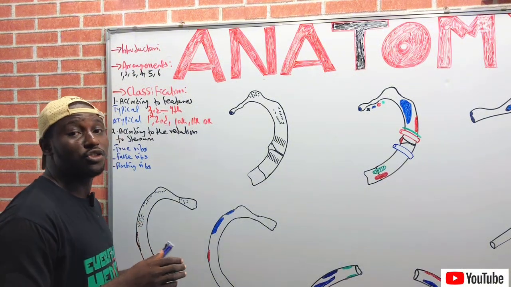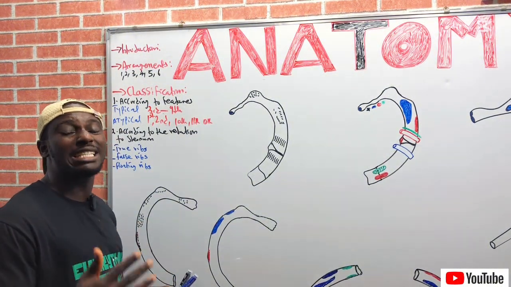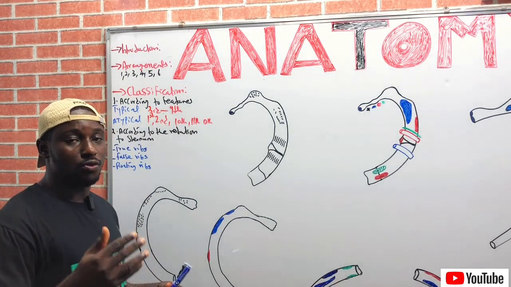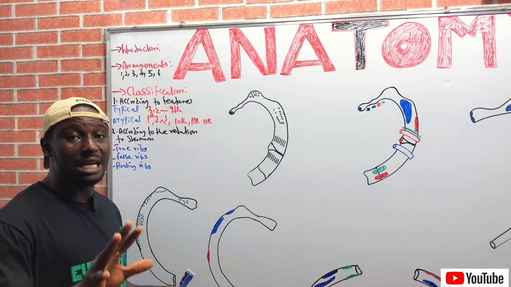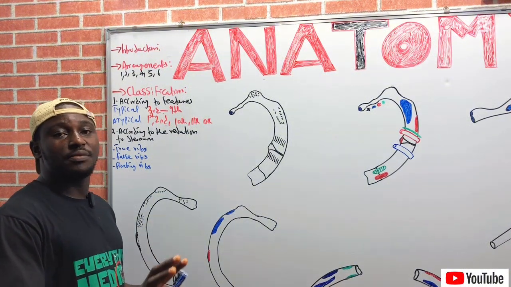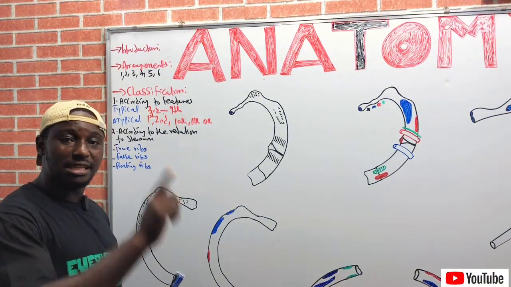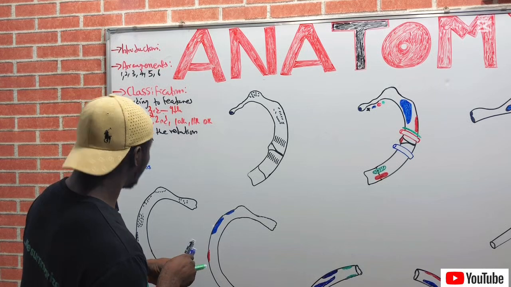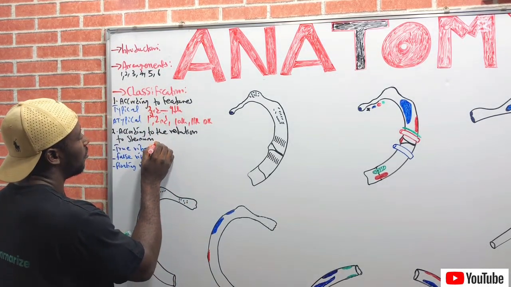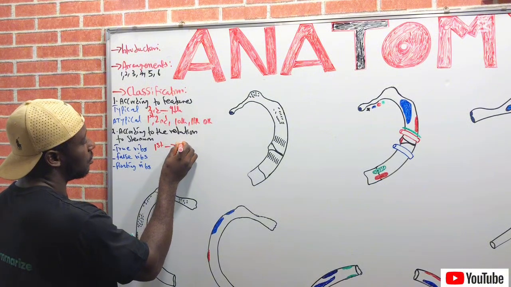True ribs are those ribs that make a true articulation with their anterior end on the lateral borders of the sternum. That is how the true ribs are fashioned on the thoracic cage. They are the ribs that extend from the first to the seventh rib.